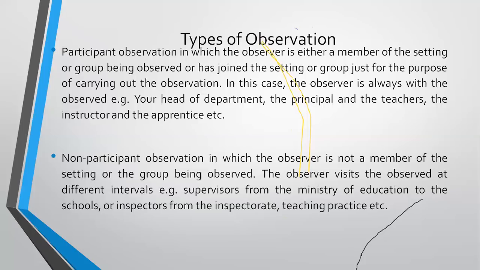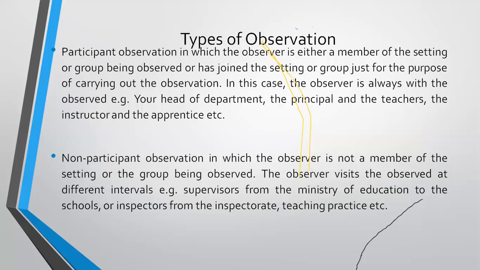For example, your head of department, your principal or the teacher, when they are carrying out a research, they are part of the setting. So they use participant observation. And the other one is non-participant observation. Here, the observer is not a member of the setting or the group being observed. The observer visits the observed at different intervals.